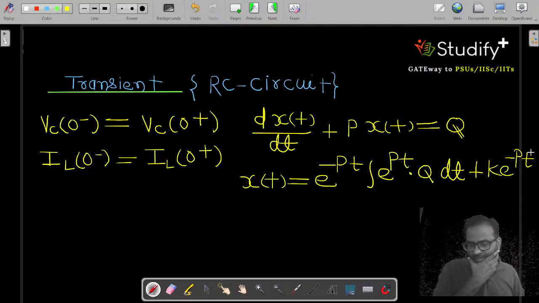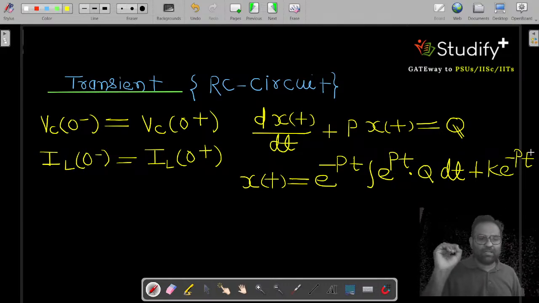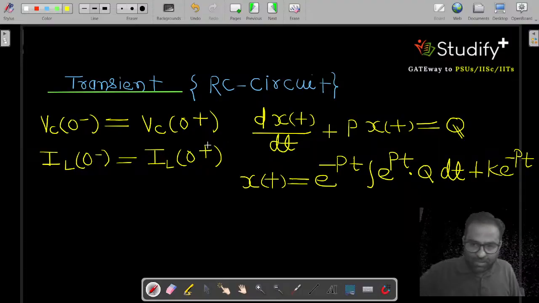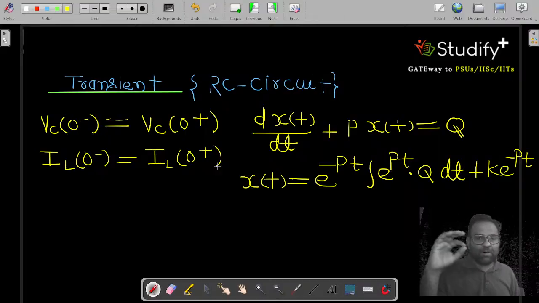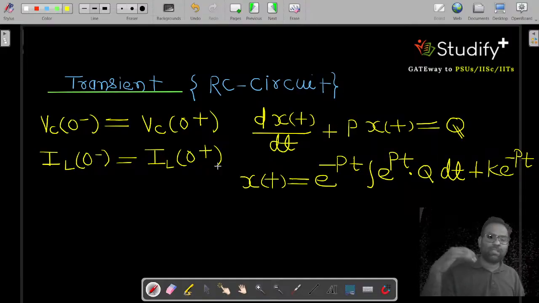Now let's analyze the RC circuit. We have seen the time constants and the theory of time constants also. I described two definitions of time constant, one for the discharging waveform and another for the charging waveform.